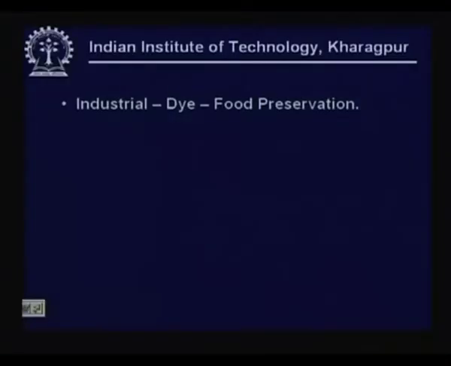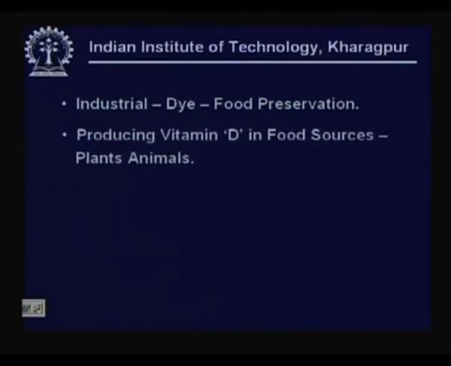Industrial dyeing and food preservation are done. In fact, it is believed the food preservation industry is able to preserve food over long periods by subjecting it to these things, and vitamin D production is enhanced by subjecting it to small quantities of these things.